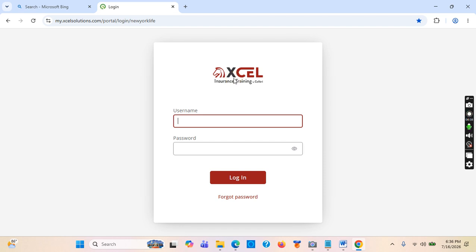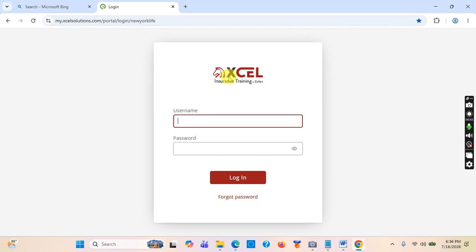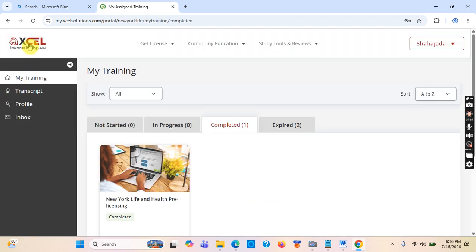This is the school where I did my pre-licensing training course, which is step 1, Excel Insurance Training School.